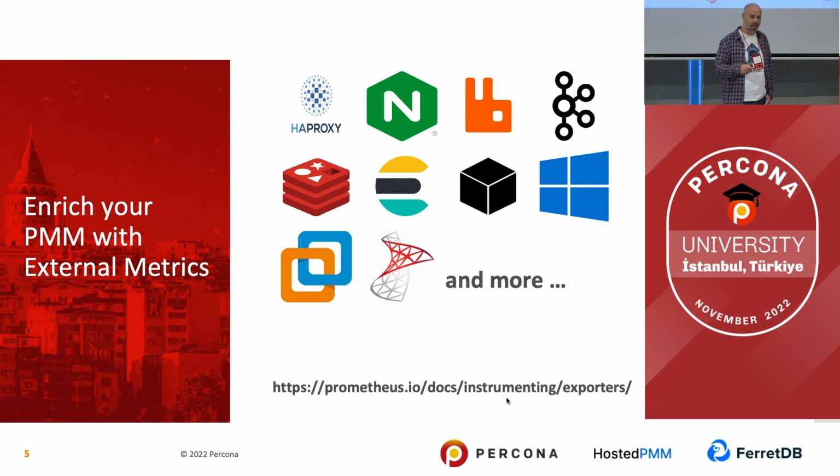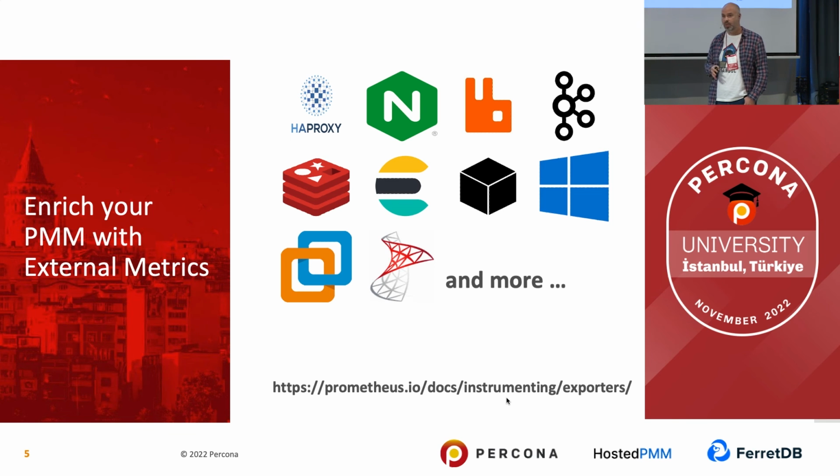For example, let's assume at 1 o'clock I have a problem with PostgreSQL, and I can check at the same time whether I have a problem with my infrastructure, or with the existing RabbitMQ instance, whether the queue is full or not. So with PMM, you can easily check all these things together inside one application.